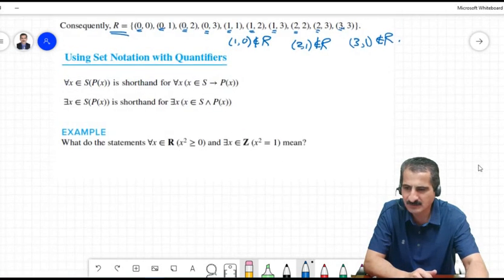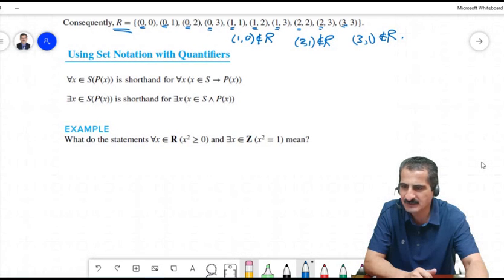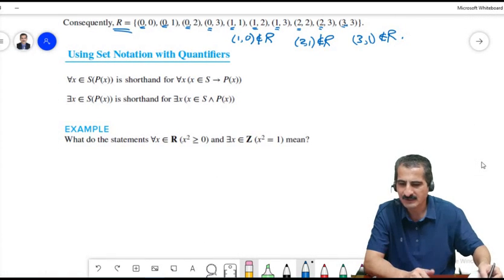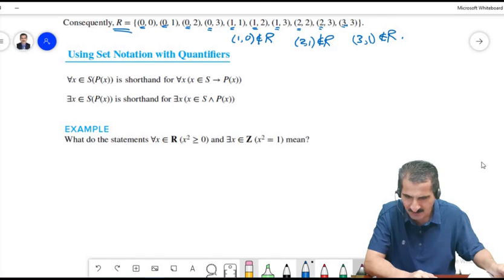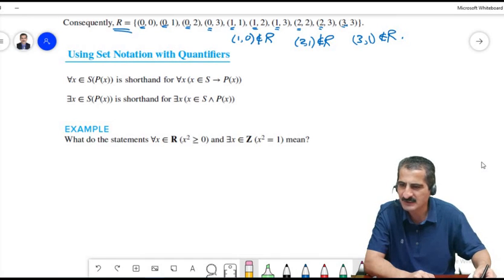And now, using set notation with the quantifier, we will need that kind of notation. This notation means the following: for every x, if x is from the set S, then this property must happen.